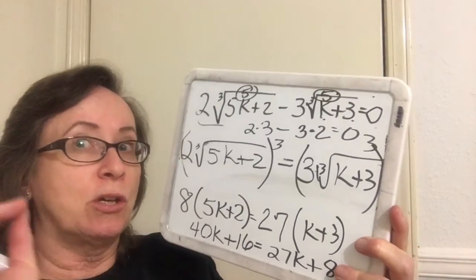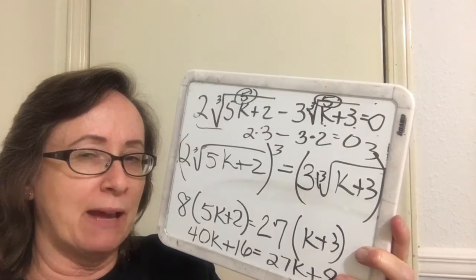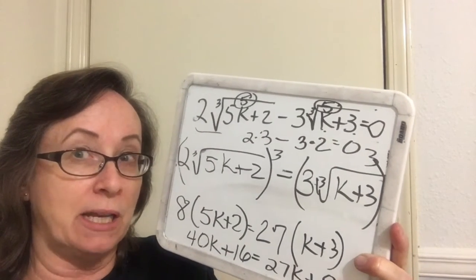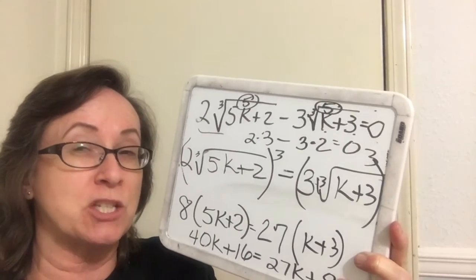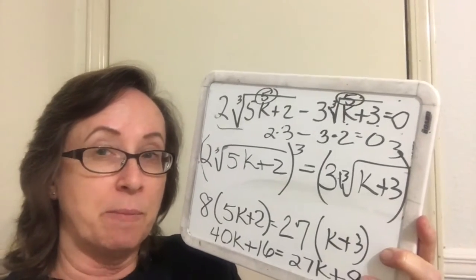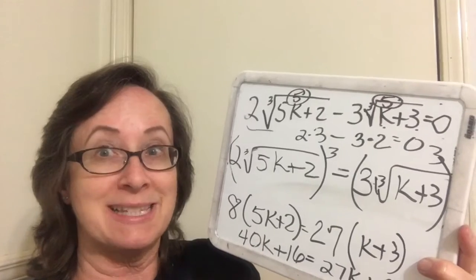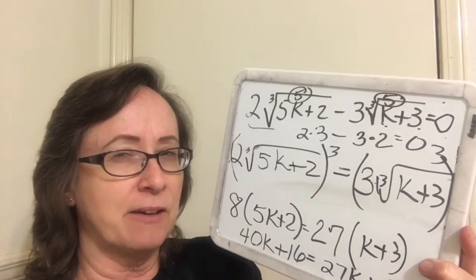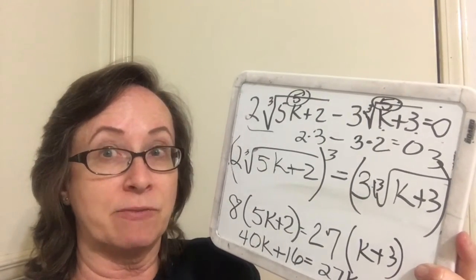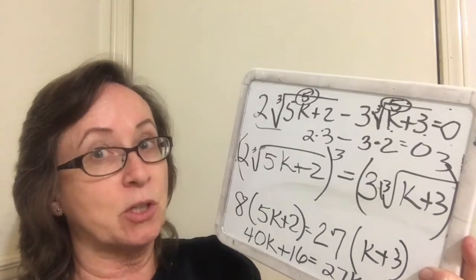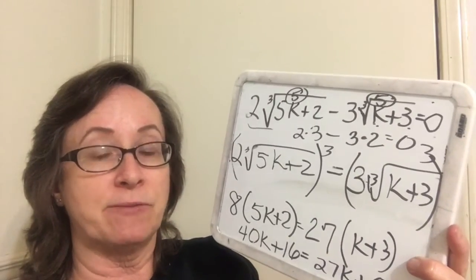Now, realize that when we cube both sides, we don't have the same problem with extraneous roots that we do when we square both sides, because when we cube both sides, we do not mess with the sign. A negative number cubed is still a negative number, and a positive number cubed is still a positive number.